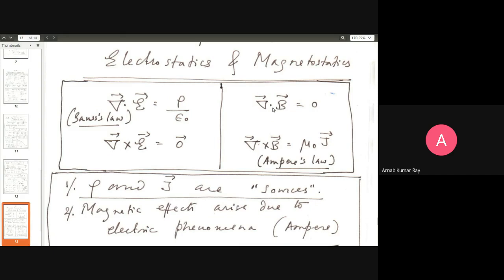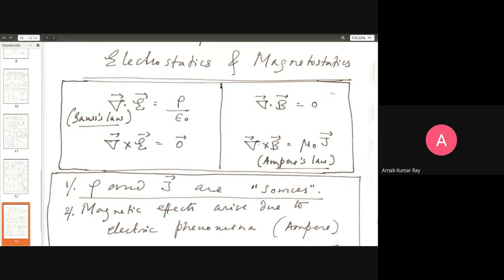If you look at these 4 equations, in the first row you have divergence, and in the second row you have curl. In the first column you have the electric field E, and in the second column you have the magnetic field B. Okay, so those are the things about the left-hand sides of these 4 equations.